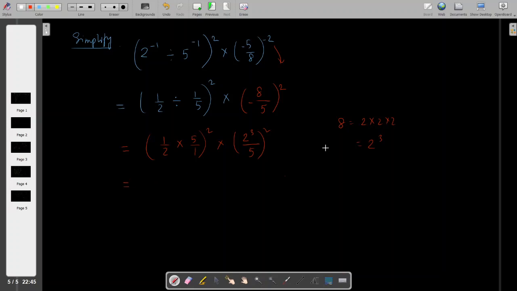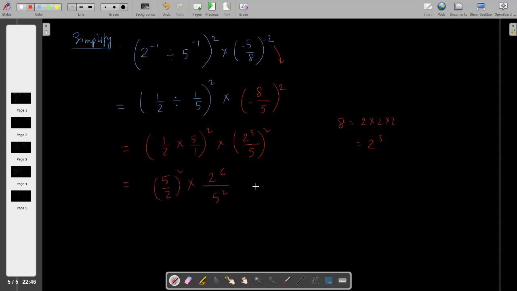So always try to keep it simple. Convert it to prime factors. Now it will be 5 by 2 whole square into, again this is 2 to the power 3 into 2 is 6 by 5 square.